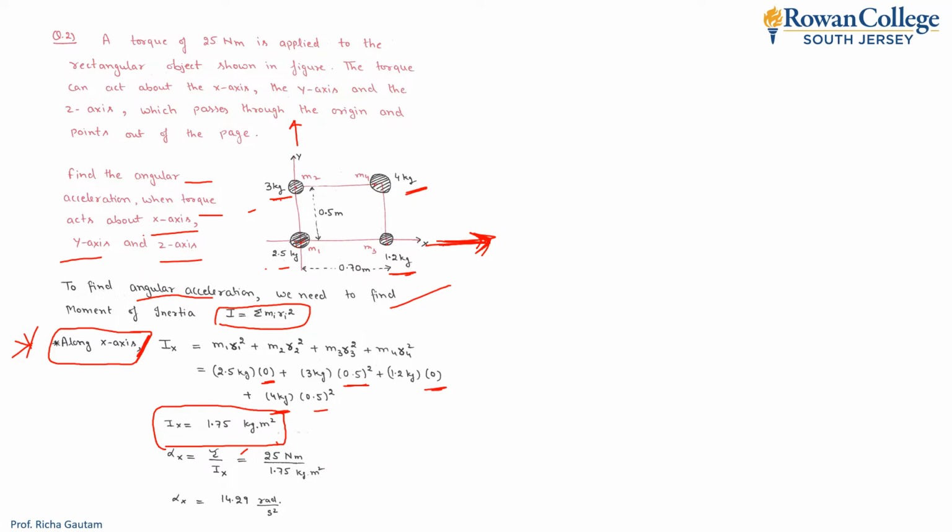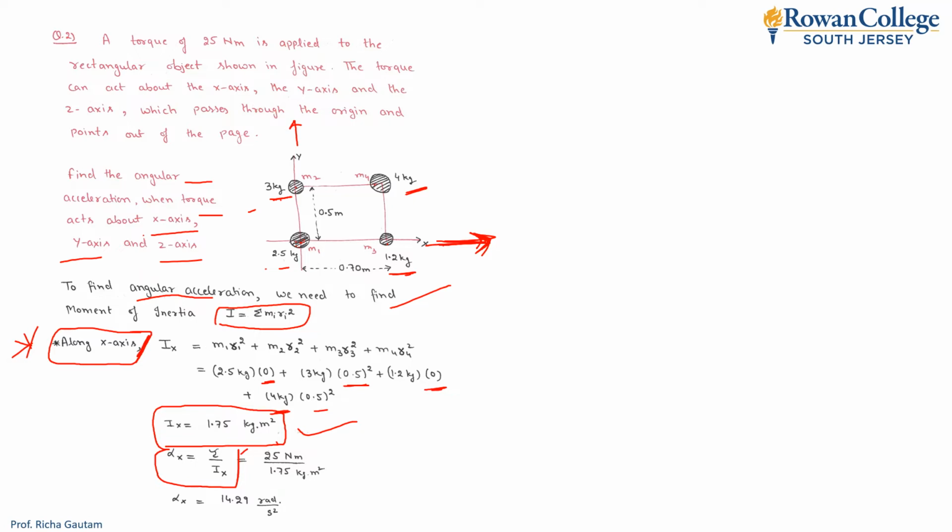Once you have the moment of inertia value, you can find the angular acceleration along this x-axis. The formula is alpha x equals torque divided by I of x. Alpha means acceleration, torque means force, and the moment of inertia plays the role of mass, because now the object is rotating.